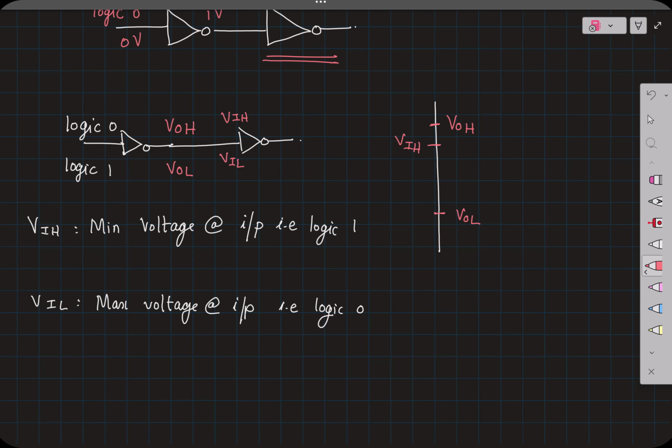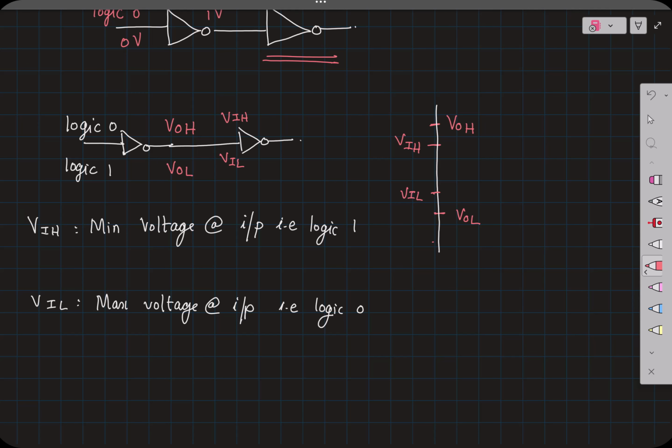If your VIL is smaller, then this VOL will not be treated as a logic 0. So your VIL has to be greater than VOL. So I should mark it on this side.